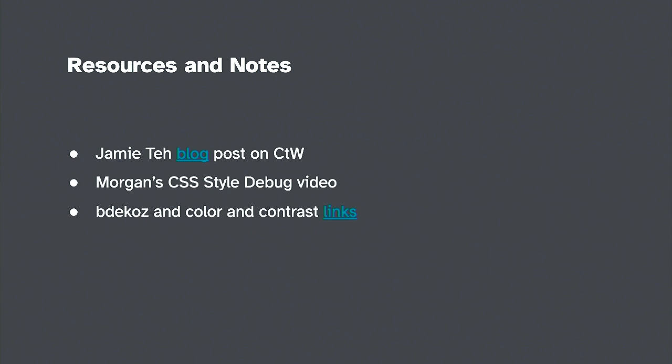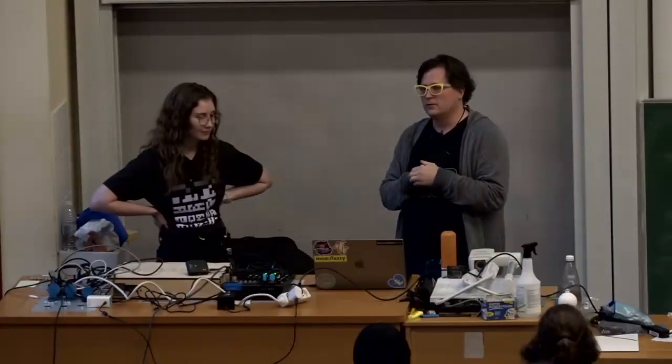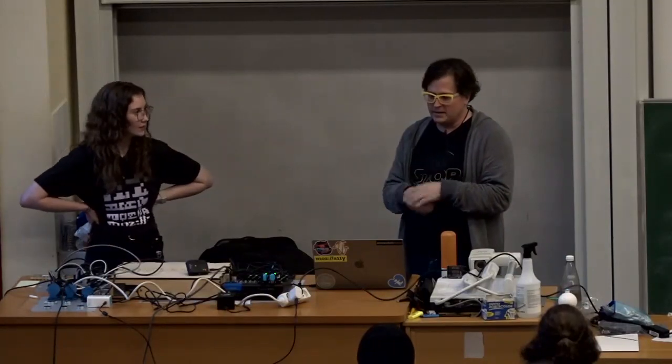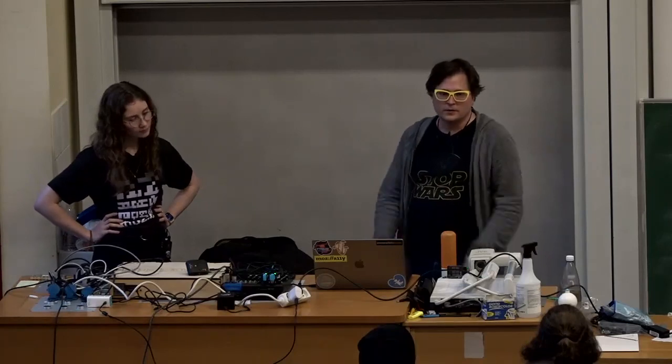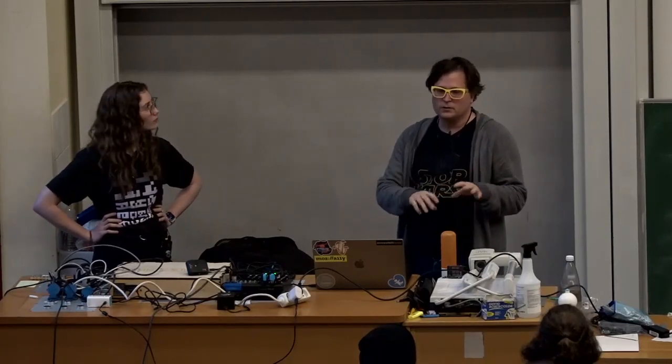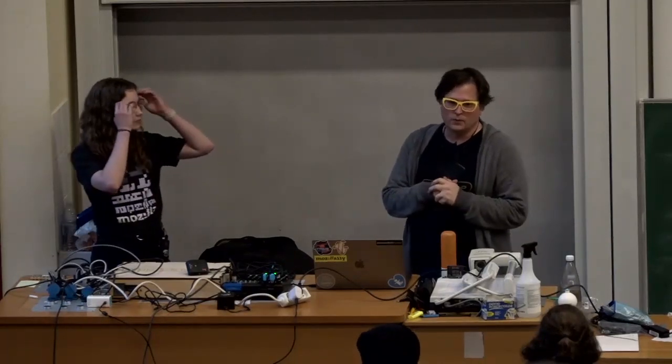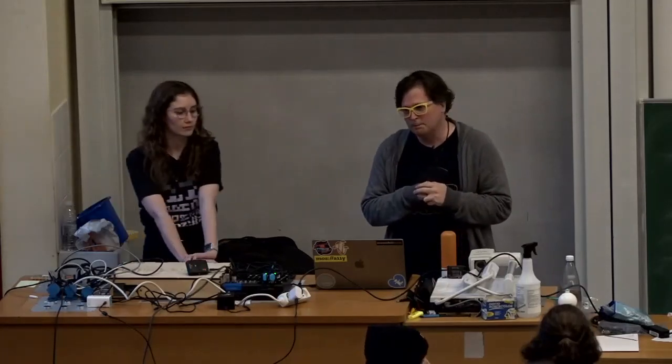Morgan is going to put a video up that has to be redone because there was some internal stuff that can't be shown. But she has a great walkthrough about how to debug CSS for accessibility. And then I have a webpage on color and contrast for accessibility and how you can compute colors that work for a wide variety of people.